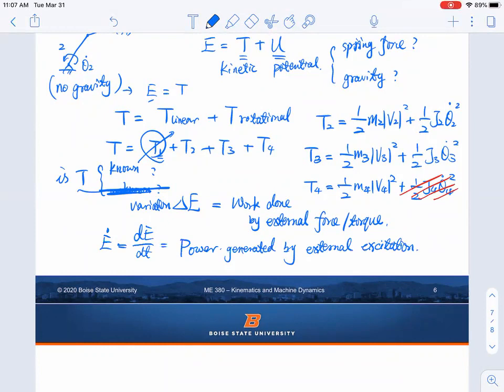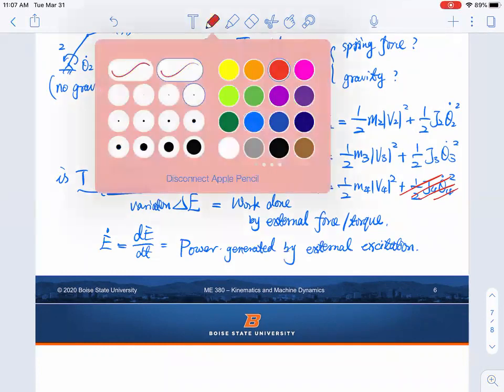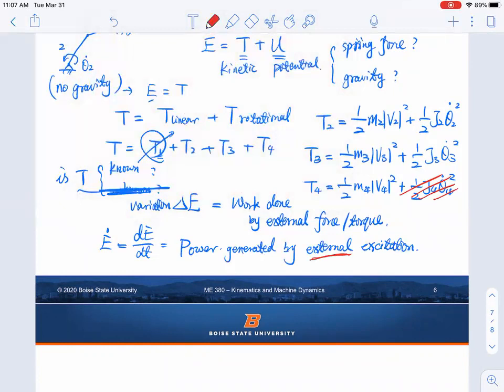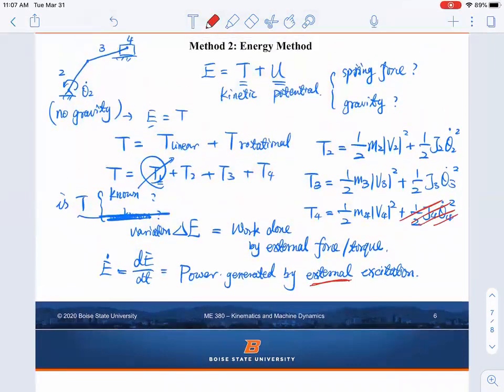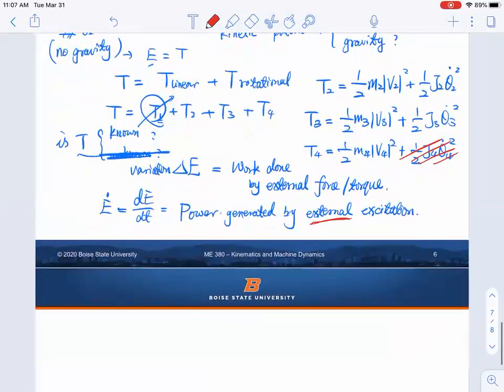One thing we have to pay attention to here is how to define the external. To simplify this discussion in this class, when we talk about external, that means all the forces provided by the ground and all the forces or torque provided by the actuator. So external means number one, by the ground.